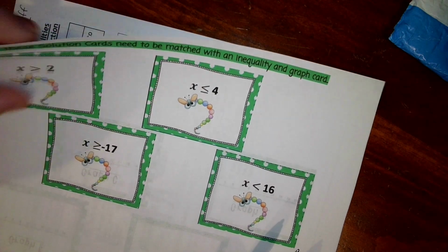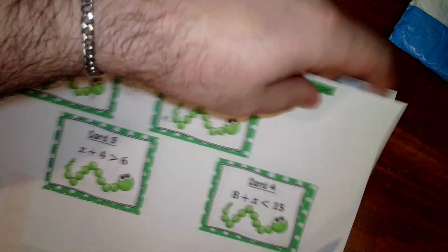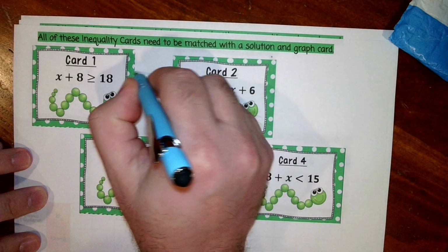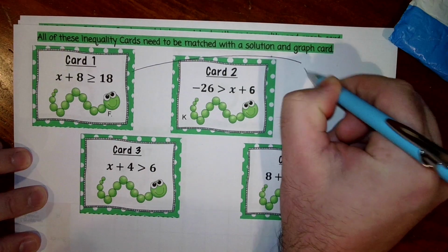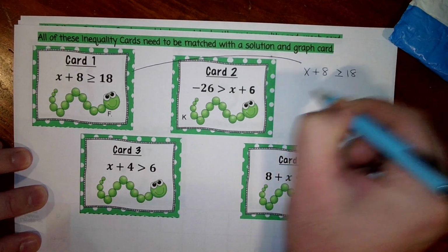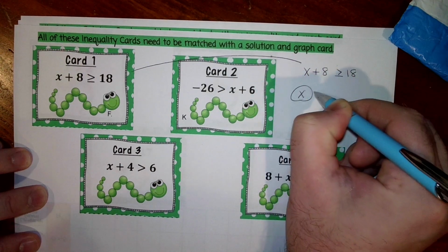So this is what it looks like. These are your inequality cards. So you would take each one, you would build your flow chart or use the balancing method.